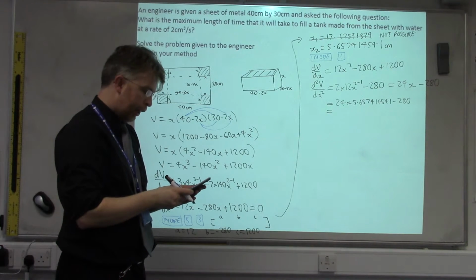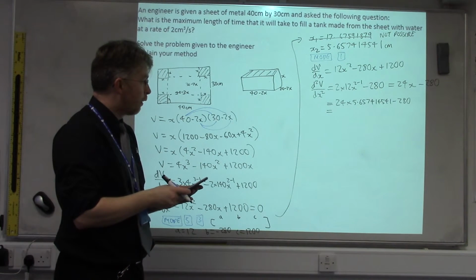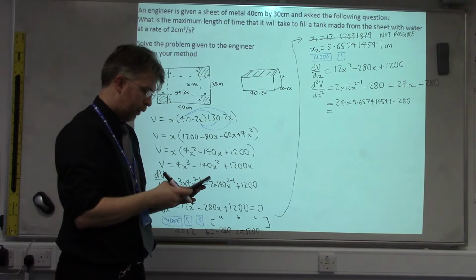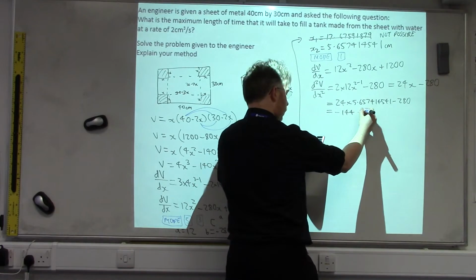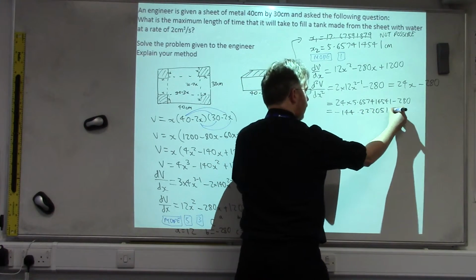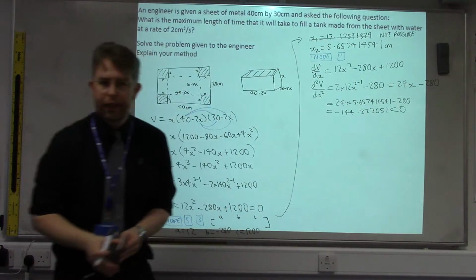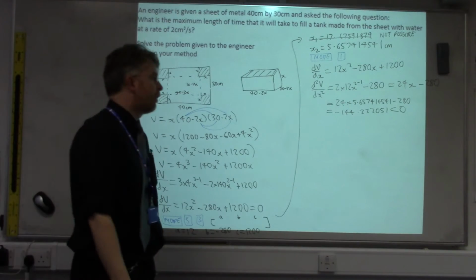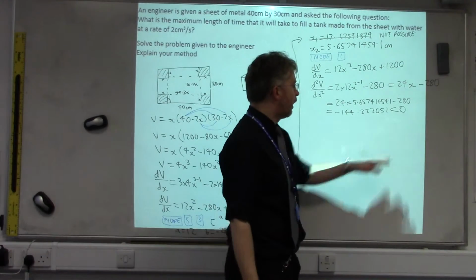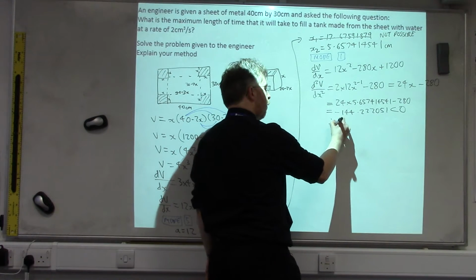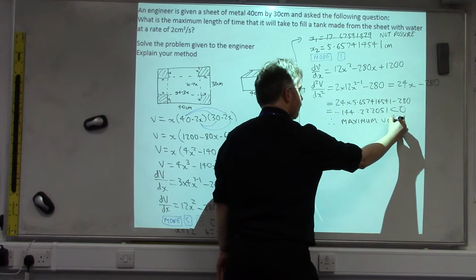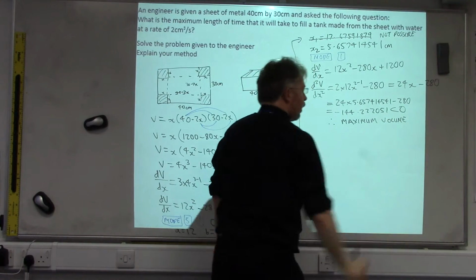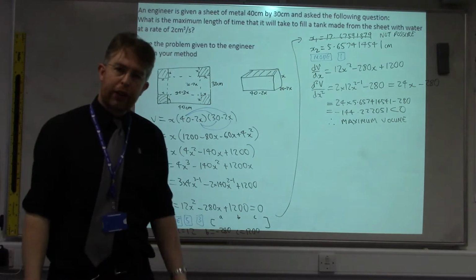So doing that in the calculator, we get minus 144.222051, which is less than 0. So the point of the second derivative test is that if it's less than 0, it's a maximum. So we can write therefore maximum volume. So we found that our x value corresponds to maximum volume.